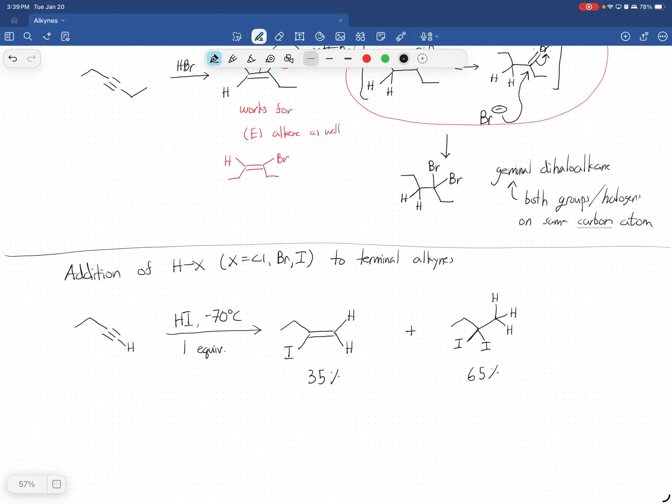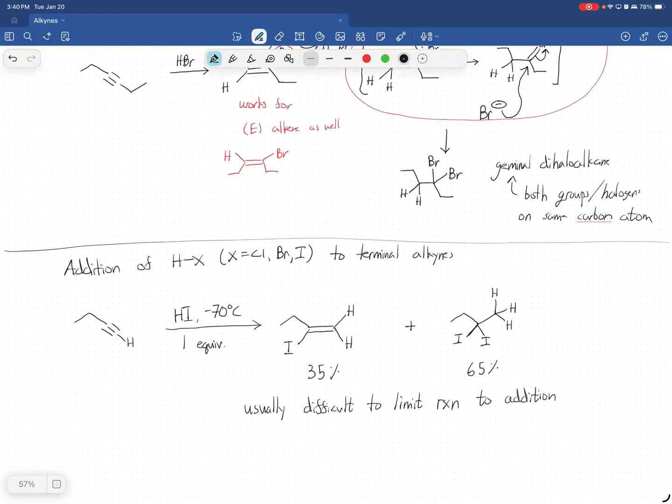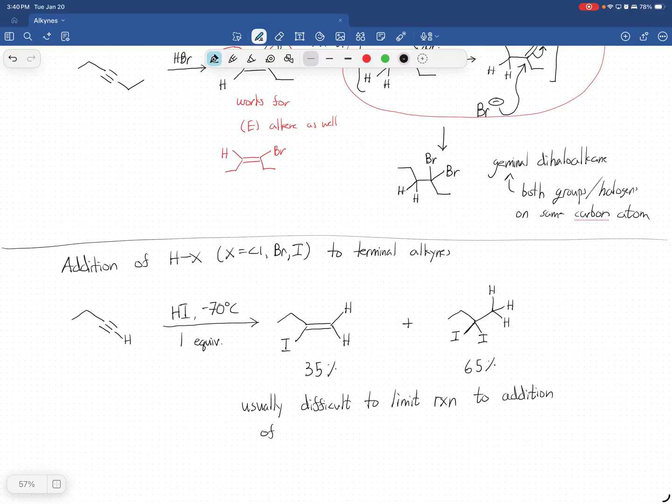All right. So here I will mention, usually difficult to limit. So RXN stands for reaction, okay? It's very difficult to limit the reaction to addition of one HI molecule.